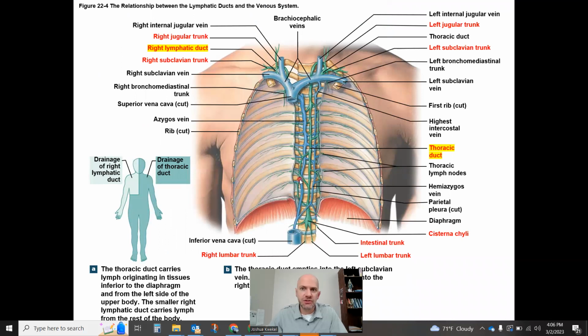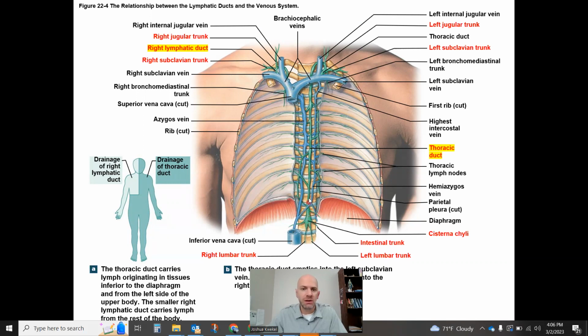Okay, those structures highlighted in red are the ones that you should be aware of. Okay, so you can see the right and the left subclavian vein dumping into the superior vena cava. The heart is missing, of course. This long green structure that is running right up anterior to the vertebral column is the thoracic duct.